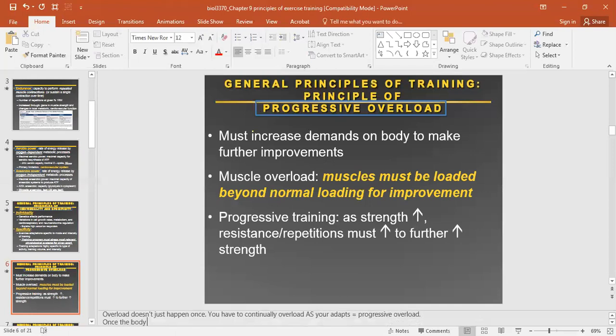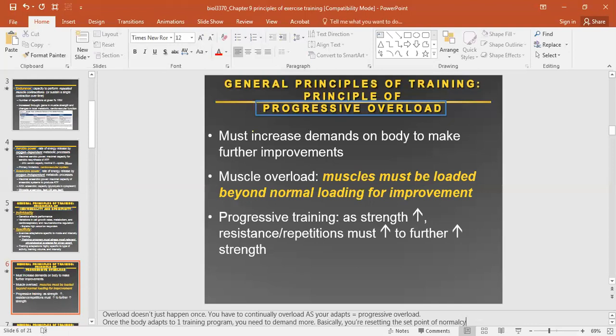Once the body adapts to one training program, whatever it might be, you need to demand more. You're resetting the set point of normalcy.